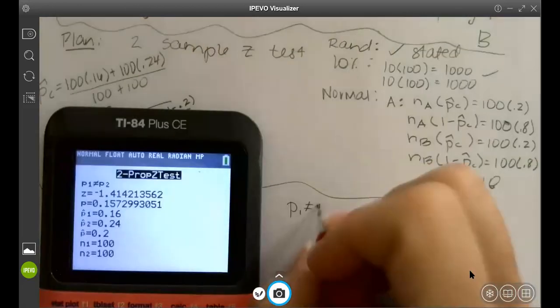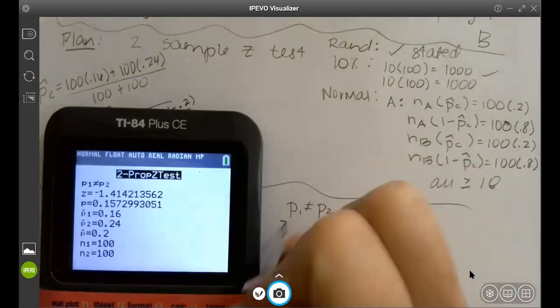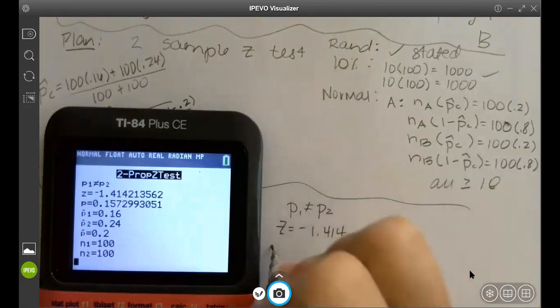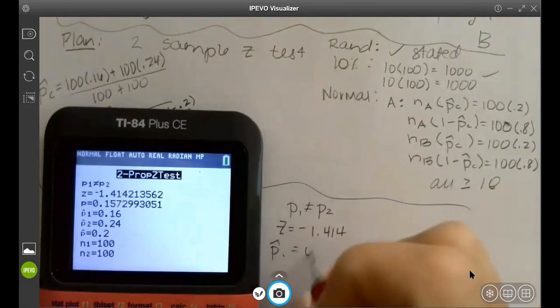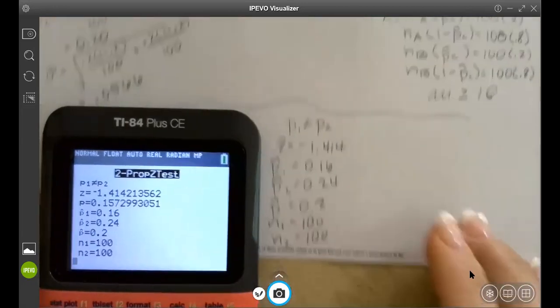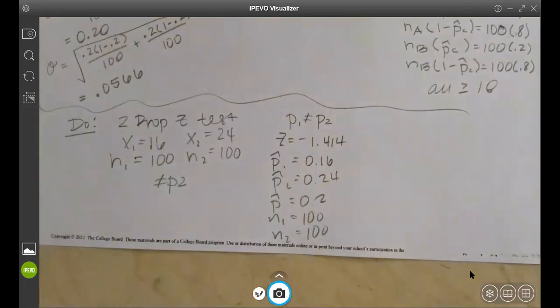So again, just to make sure I get it all correct and I get all parts of it, I'm going to write everything down. So that if there is any doubt about where I define my variables, there they are.